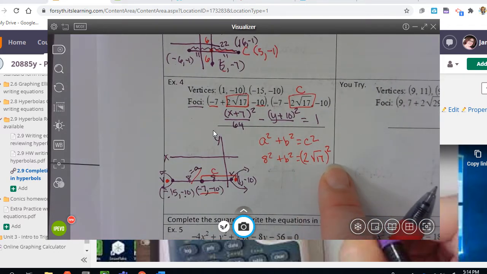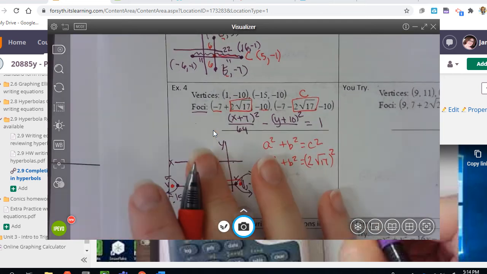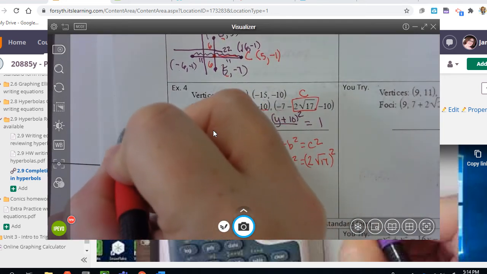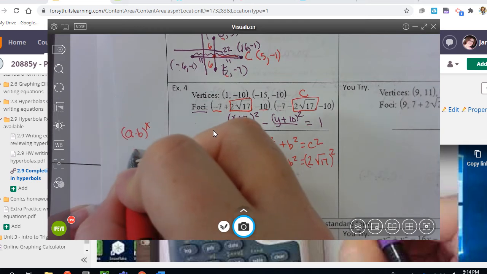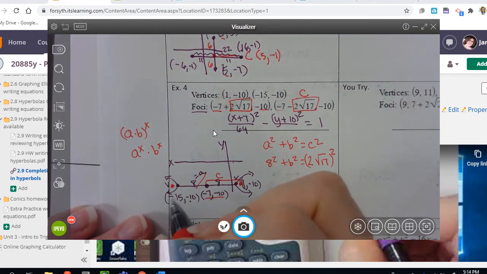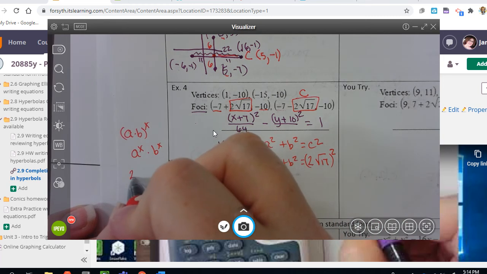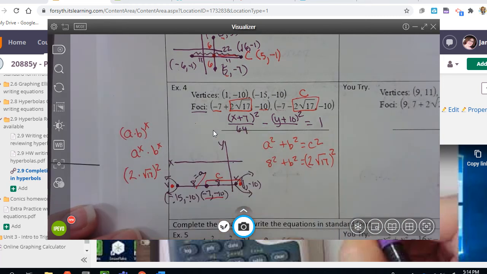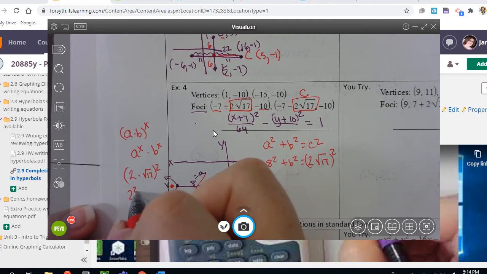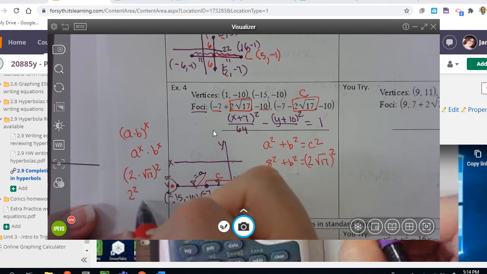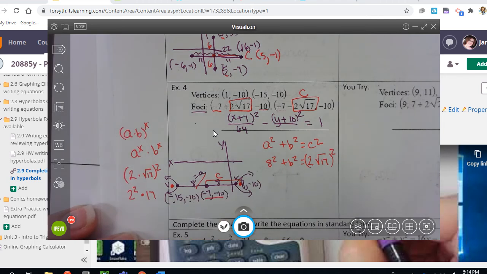Now I'm going to point something out. You can put that in a calculator and it will give you the answer. But guys, I'm going to write it over here on the side. If I have a times b to the x power, this is equal to a to the x times b to the x. Okay? Why am I telling you that? Because you have 2 times the square root of 17 to the second power. So that means you have 2 to the second and the square root of 17 to the second, but they undo each other, so times 17.